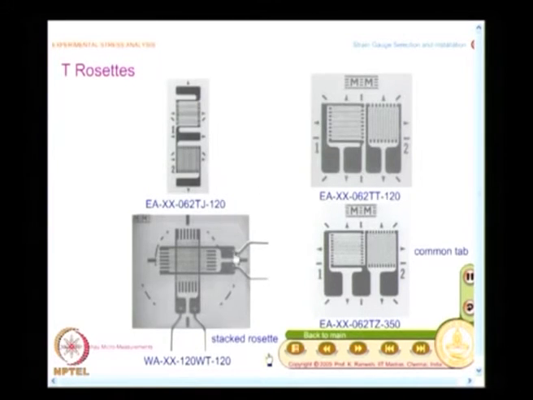And I have also mentioned you also have stacked rosettes available, because you should see that stacked rosette to find out the strain at this point. Stacked rosette is very good from that point of view, because the approximations involved are less, and you have a variety of patterns available.